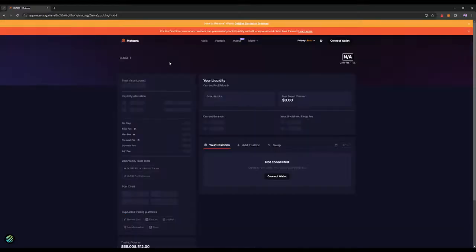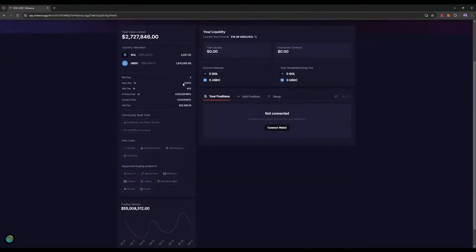However, when you look at this pool, this is the base fee that is being charged on each transaction, no matter what. However, as volatility in the price of one or both the tokens increases, there is a dynamic fee in place wherein your fees can go up to 10%, from 0.04 to up to 10% of each swap.